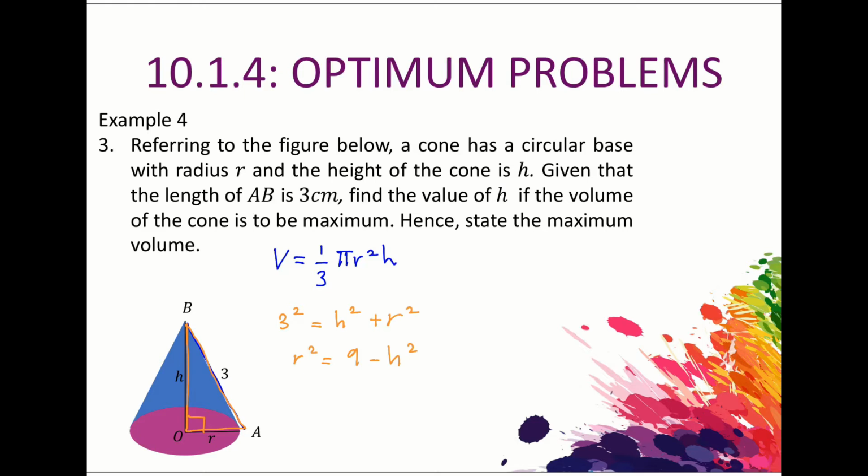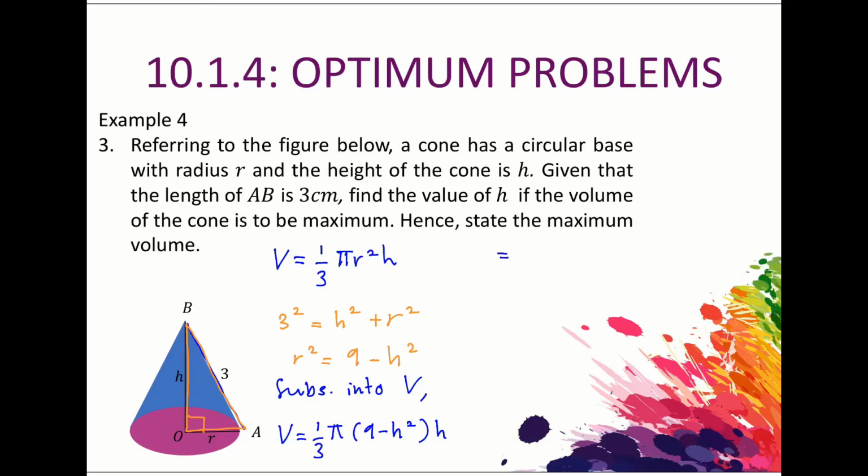And then we substitute r squared into V. We get V is equal to 1 over 3 pi times 9 minus h squared times h.